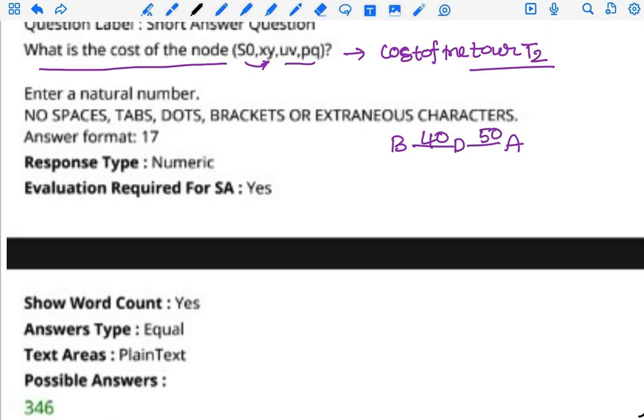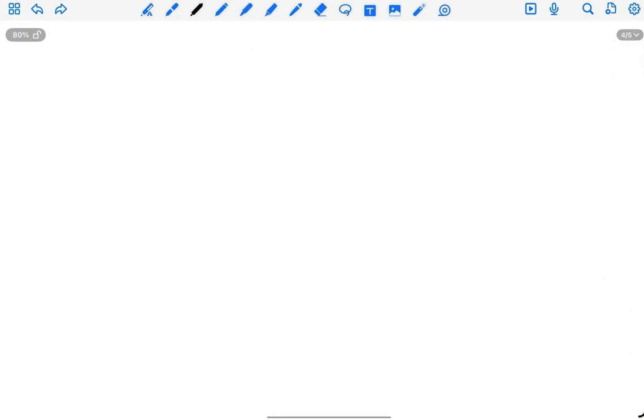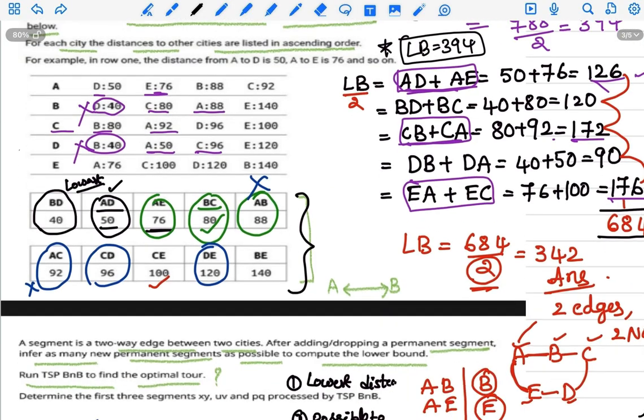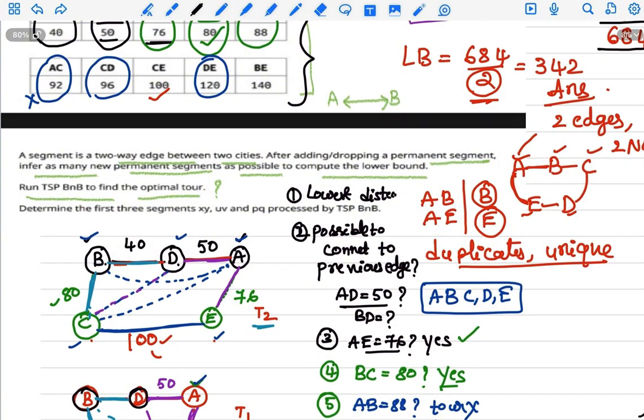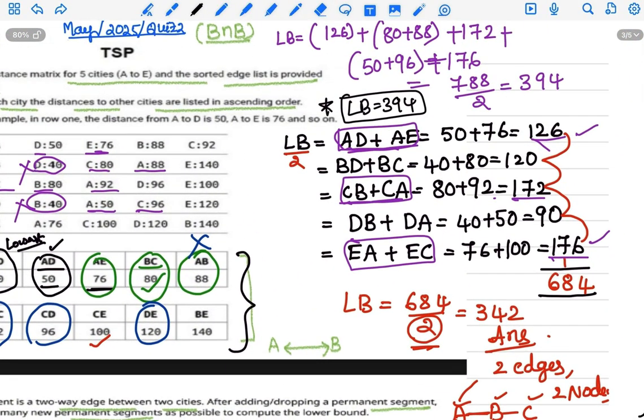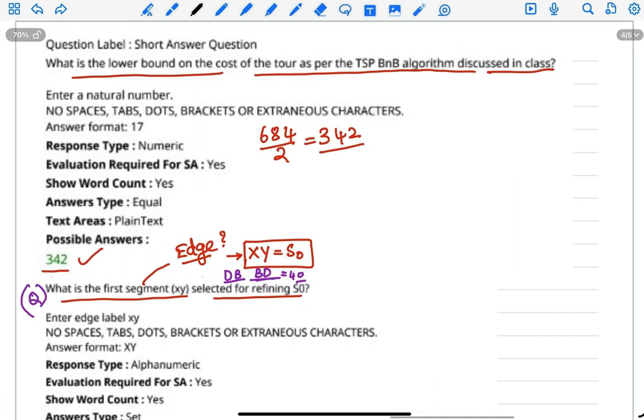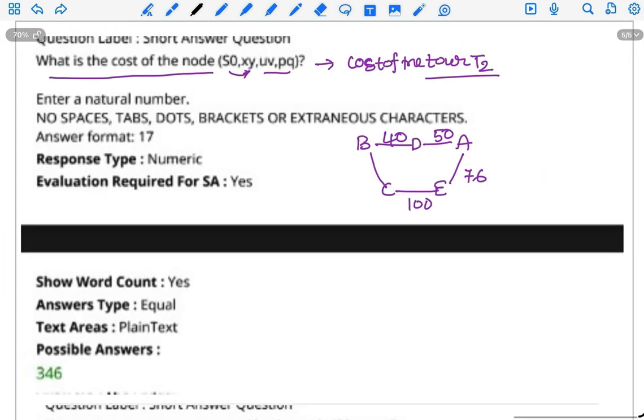And next CE 100. This one 76. This one is, I cannot remember. Oh, 76. Okay, 80. So that is 80.